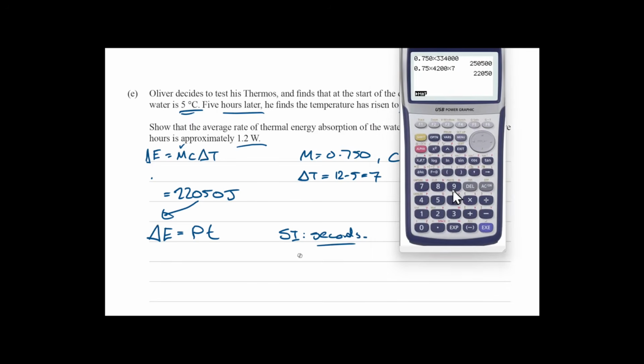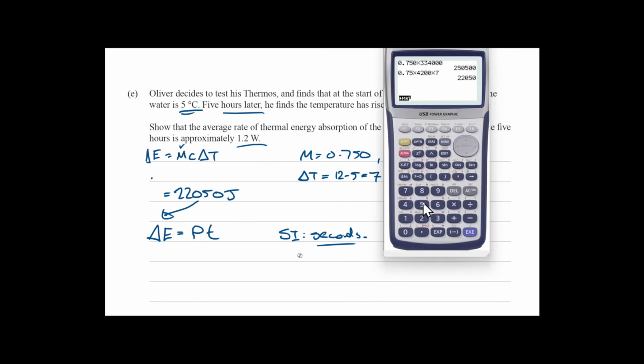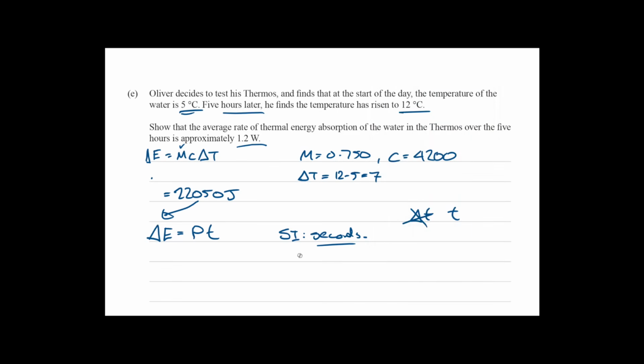So 5 hours times 60 minutes times 60 seconds. So there are 18,000 seconds in 5 hours. So T equals 18,000. And now we have enough information to find the power.